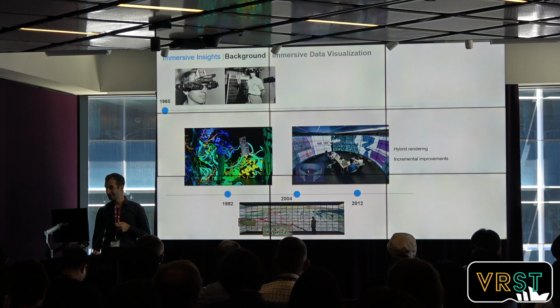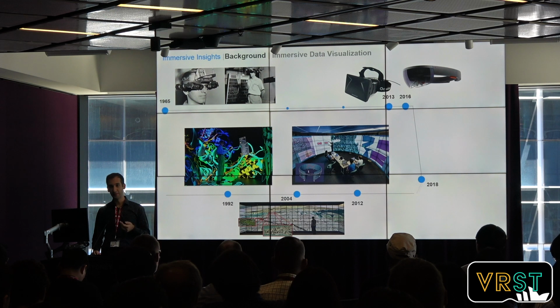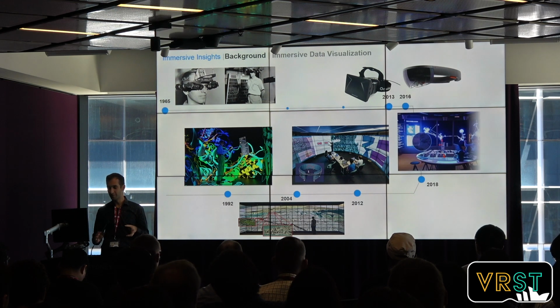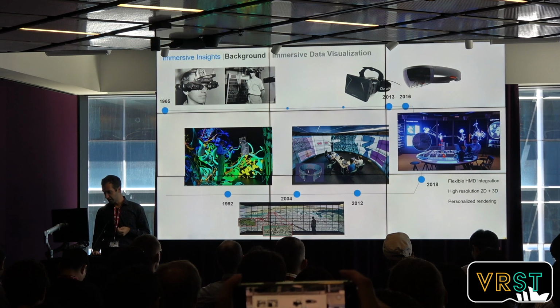For headsets, we had to wait until 2013 and 2016 for developer kits and the HoloLens. And at that point, the question is, what's going to happen between these two timelines, headsets versus immersive environments?